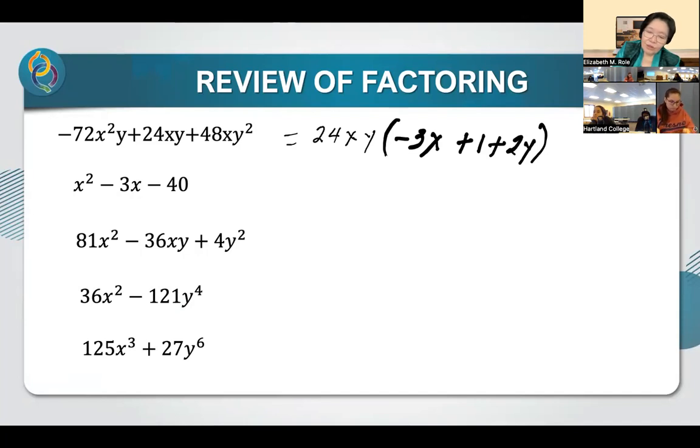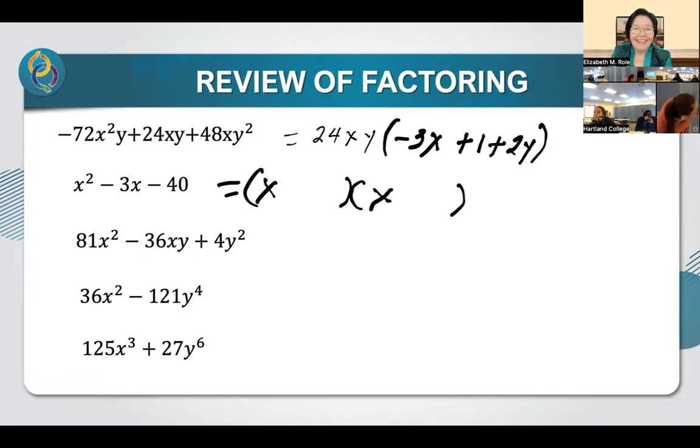I think we mentioned that, yes, we mentioned that immediately you put x. Right? Yes, teacher. And then, you know that one is a plus, the other is a minus because of minus 40. All right. So you immediately put plus, minus.